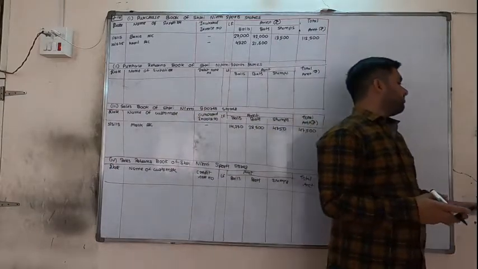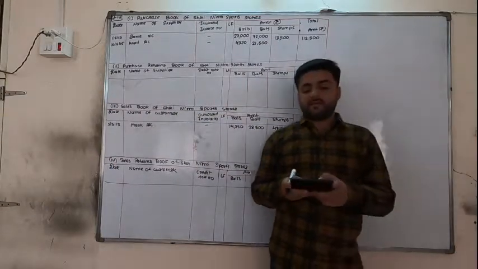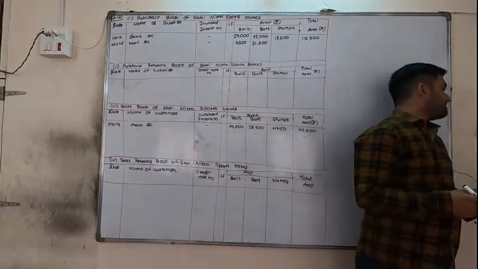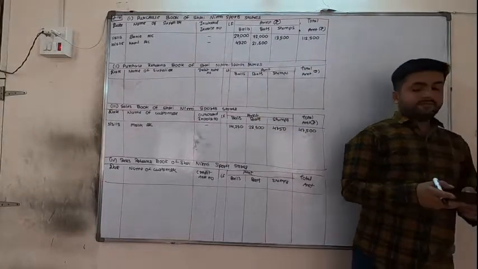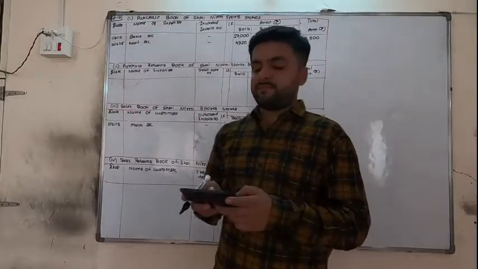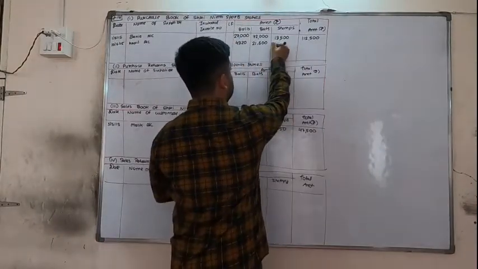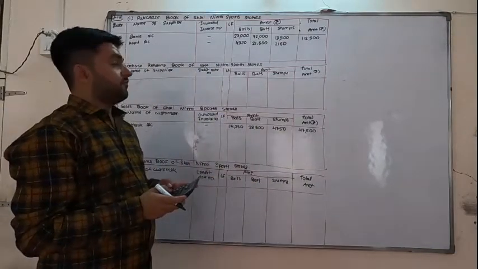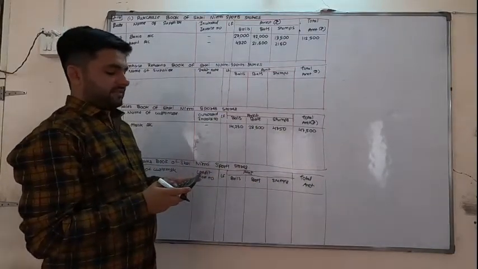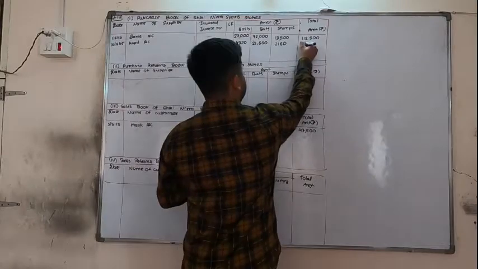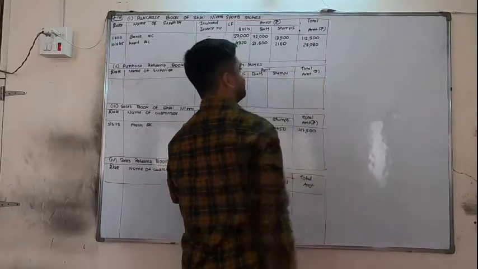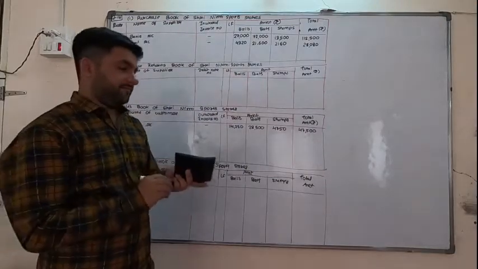Stumps are 6 at 400 per pair minus 10% trade discount, so 2,160. So 4,320, 21,600 and 2,160 total 28,080. Okay.